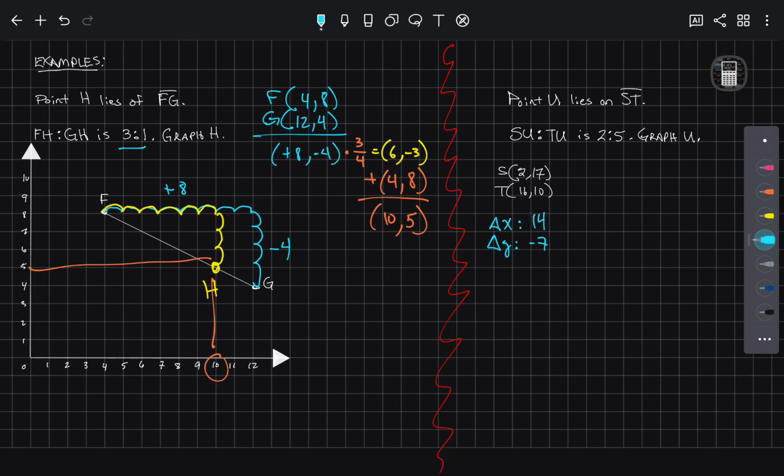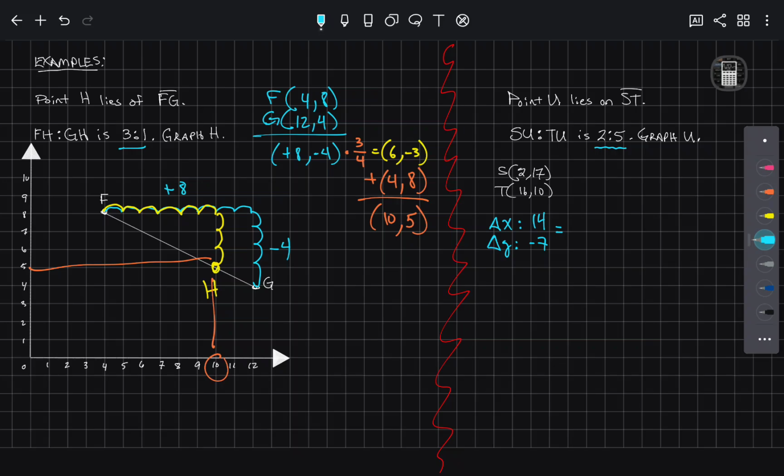That gives us a ratio of 2 to 1 basically. But what we need to do is find a ratio of 2 to 5, but it's not 2 to 5. The thing we've got to remember is that it's 2 parts over here and 5 parts over there, giving us a total of 7 parts for the entire line.